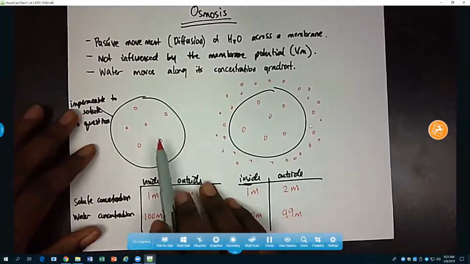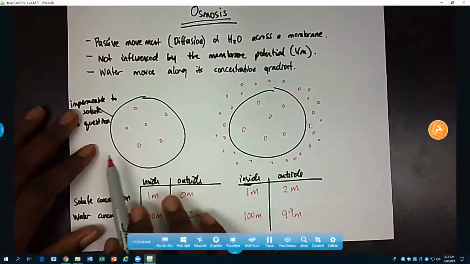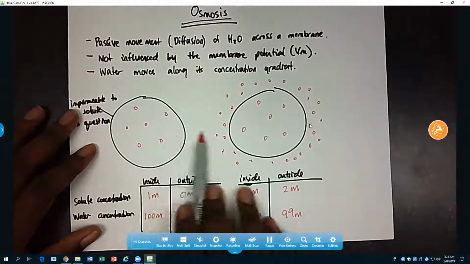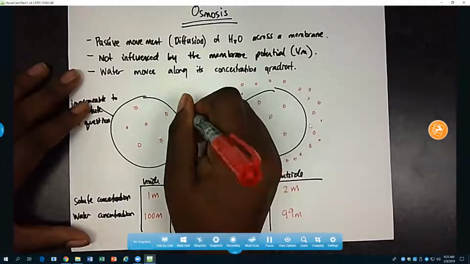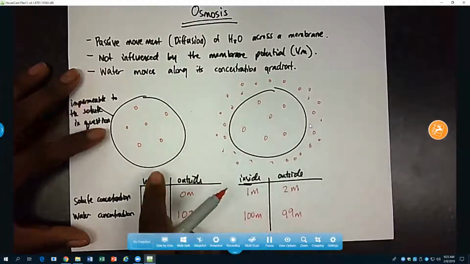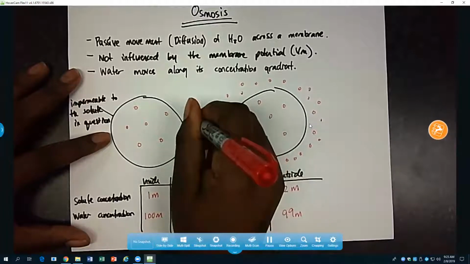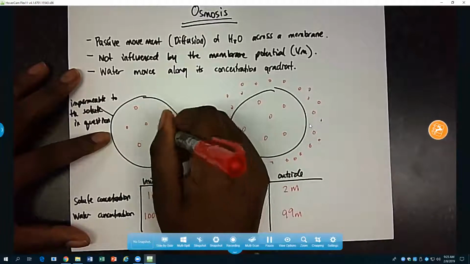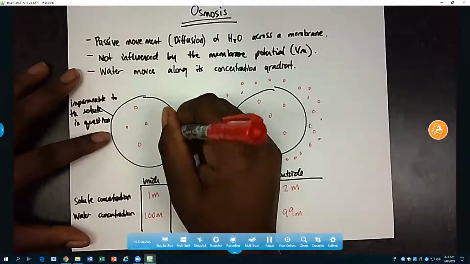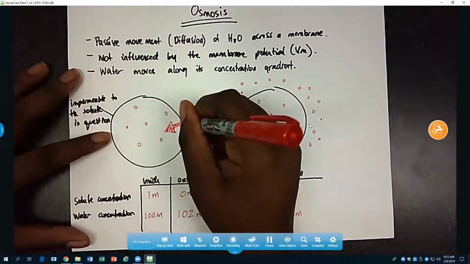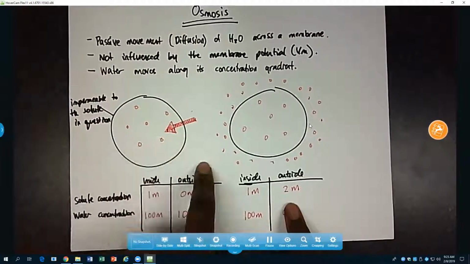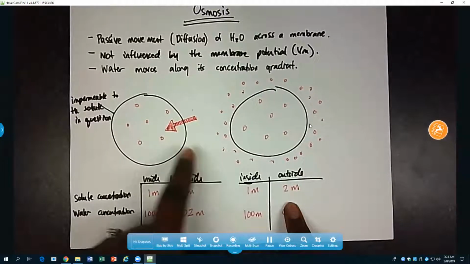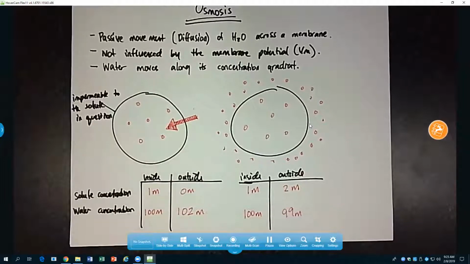If the solute wants to equalize itself or get to equilibrium, it's going to draw water to it in order to dilute itself. So we're going to have water moving from outside the cell to inside the cell, to compensate for that concentration gradient where the solute wants to move out, but it cannot because the membrane is impermeable to that solute.